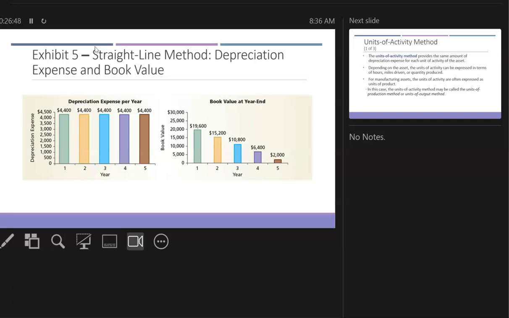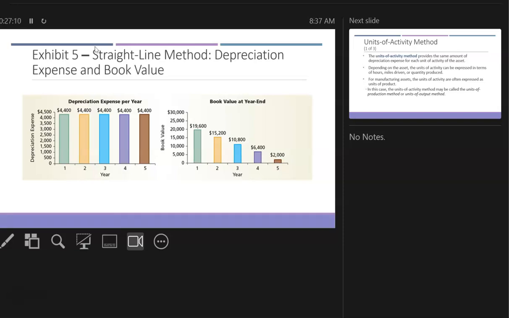It'd be the $24,000 we bought it for minus $4,400 the first year gives us our $19,600. Or the $24,000 we bought it for minus $8,800 at the end of year two gives us $15,200.